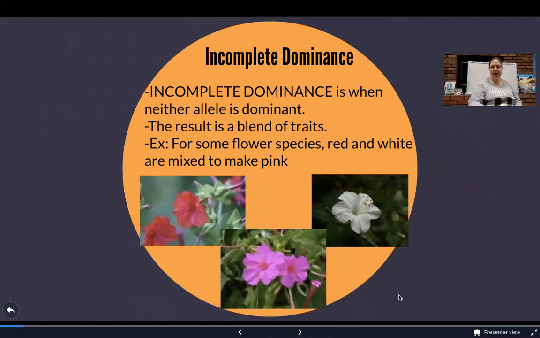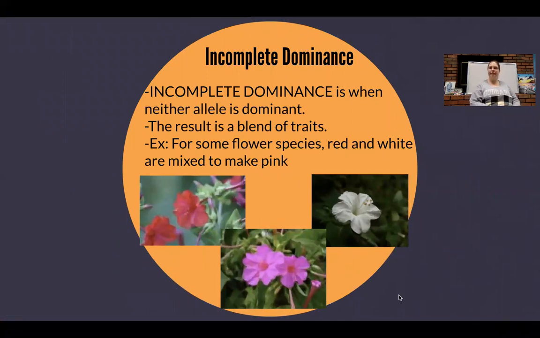So the first one we have is called incomplete dominance. You should know incomplete means not complete or not fully. What this means is you can have two alleles, but neither one is dominant. They're not true recessive either, but they're also definitely not dominant to each other.